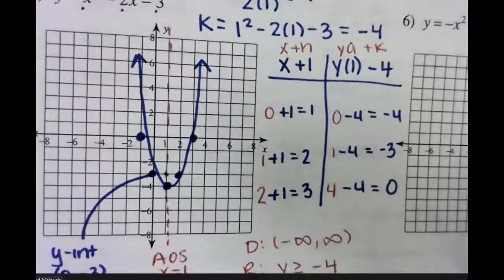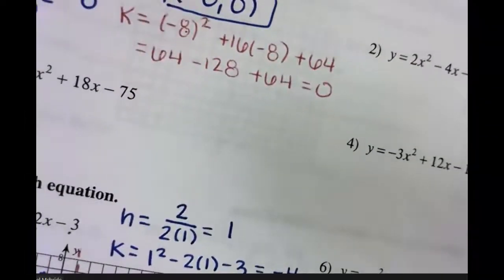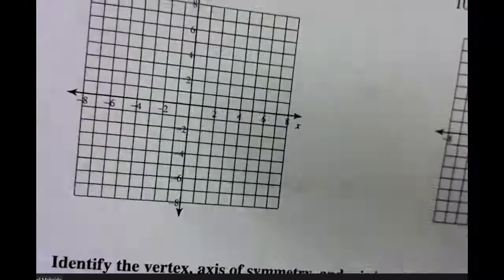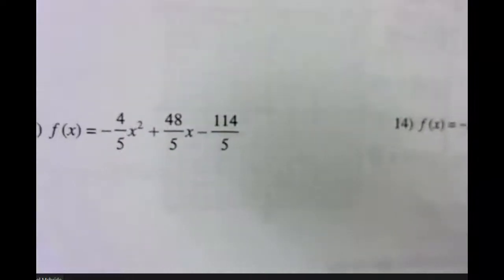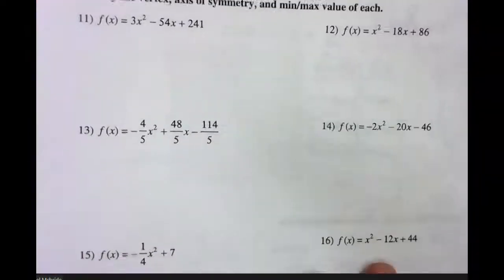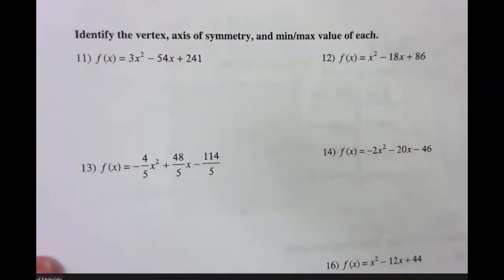So you're going to do similar work for 6, 7, and 8, as well as 9 and 10. And then again, since we graphed 8 problems yesterday and 4 more today, for the bottom part, you're just putting into words what is happening again.